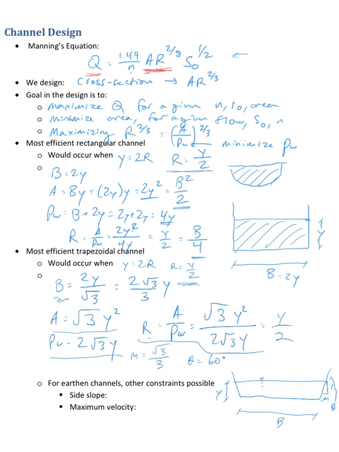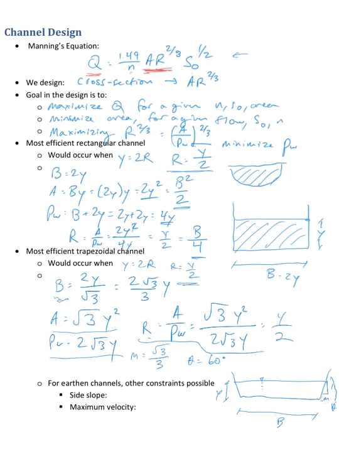Really, trapezoid, rectangle, and triangle are mostly what we use. And you can see relationships for the area, the wetted perimeter, the hydraulic radius, the top width, and then the depth, or the hydraulic depth. You can ignore the hydraulic depth. We don't really use that parameter very much.